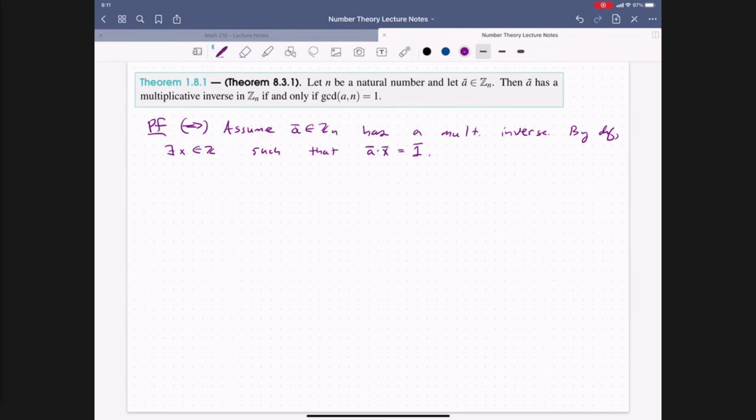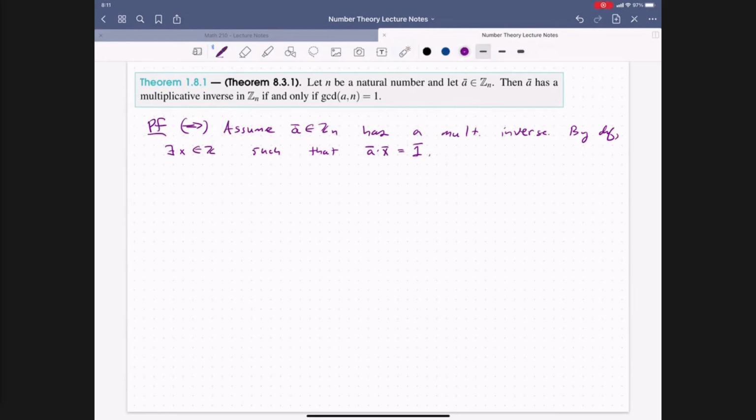Most of the theorems we have for GCD, and specifically the conclusion, we have the GCD of a and n is 1. So we want to go back over to the realm of the integers. And so we're going to apply one of the equivalent conditions from last time of what it means to have a congruence modulo n.